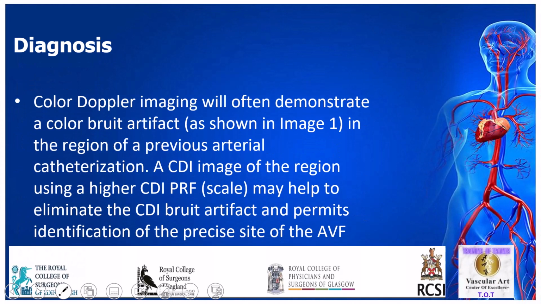And as we have seen, a little bit of tips about the discussion: the color Doppler image will often demonstrate a color bruit artifact. This is shown in the first image. With previous arterial catheterization, sometimes you get a little bit of hematoma. For the color Doppler image of the region, use a high PRF.